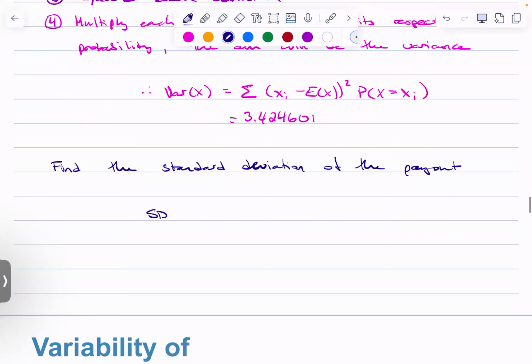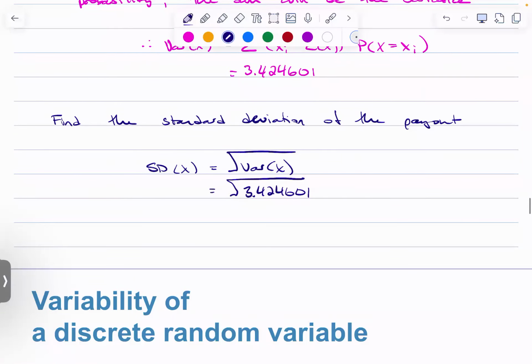We said the standard deviation of X is going to be the square root of the variance of X, which is the square root of 3.424601. I get 1.850567751. Again, because it's money, you can round it to 2 decimal places, but I'll just leave it there.